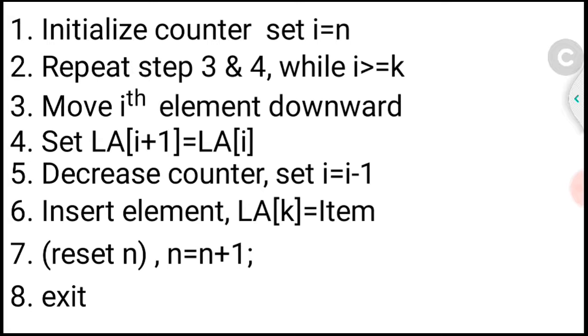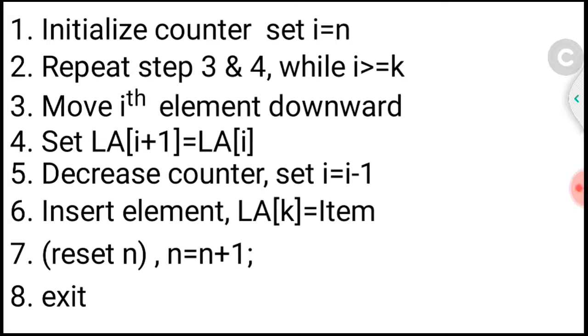After moving the fourth value, the counter will decrease and I will reach the third position. So the third position value will be moved to the fourth location. And in the same way, because we have to insert that element at the second position, we have to move the second element value to the third location.